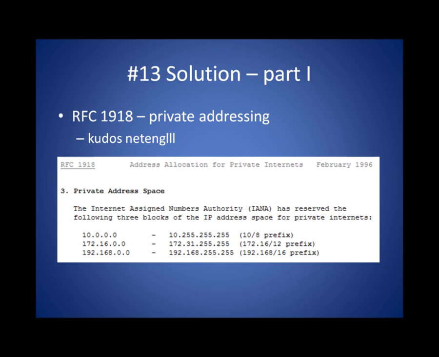These are used in conjunction with network address translation. They are not routed on the public internet. In fact, public DNS entries will not point to these addresses either. And there's a selection from RFC 1918 for you, a direct quote right out of there, and shows you also how far back this particular RFC goes.